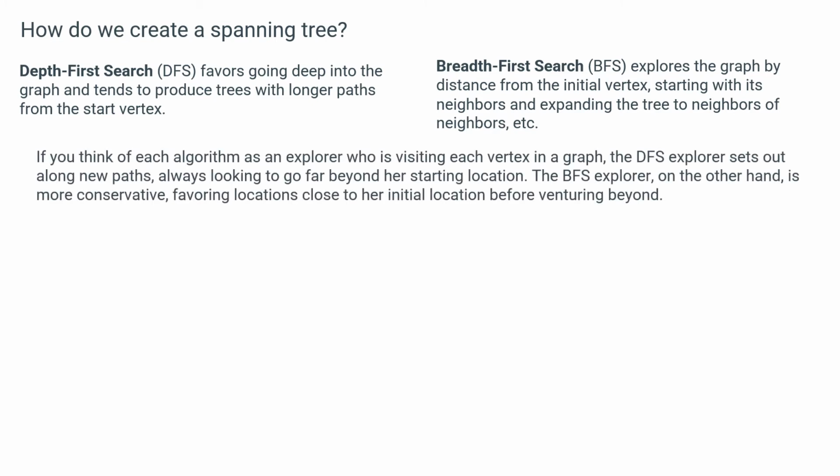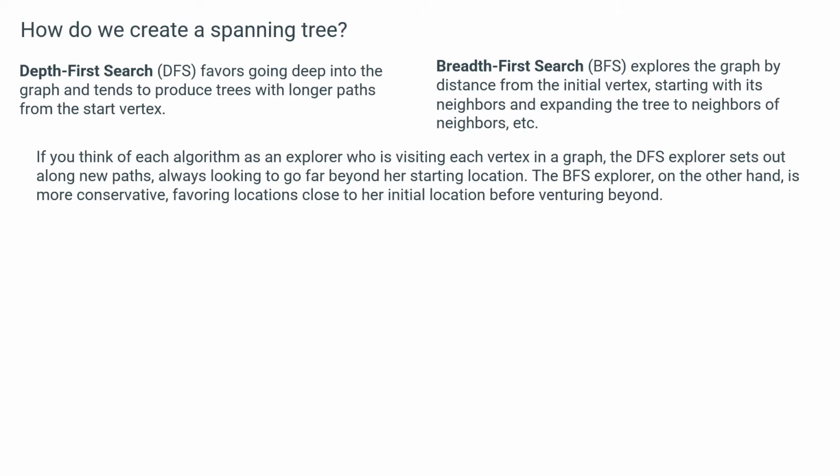But the book gives a good analogy, which I think really helps us when we're trying to create a spanning tree one of these two ways. The book says this: think of each algorithm, the depth first or the breadth first, as an explorer who is visiting each vertex in a graph. The DFS explorer, that's depth first search, sets out along new paths, always looking to go far beyond her starting location. We're always starting with one particular vertex, okay?